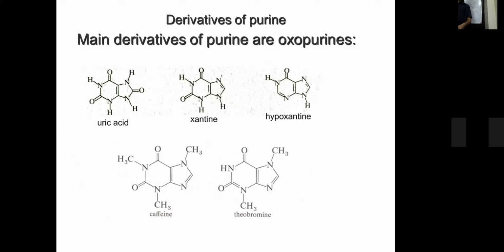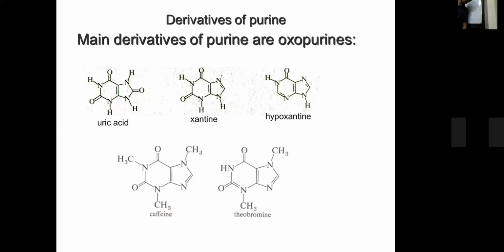So what are the different derivatives, as I explained yesterday? Uric acid, xanthine, hypoxanthine, caffeine, and theobromine. These are the various derivatives of purines. Uric acid is a trioxopurine analog. Xanthine is 2,6-dioxo, meaning it has oxo groups at the second and sixth positions. Hypoxanthine contains only a 6-oxopurine analog.